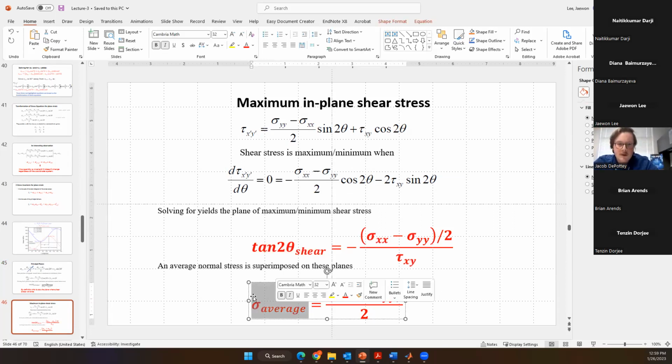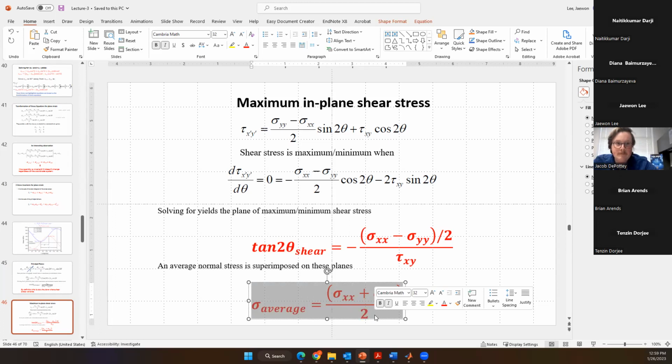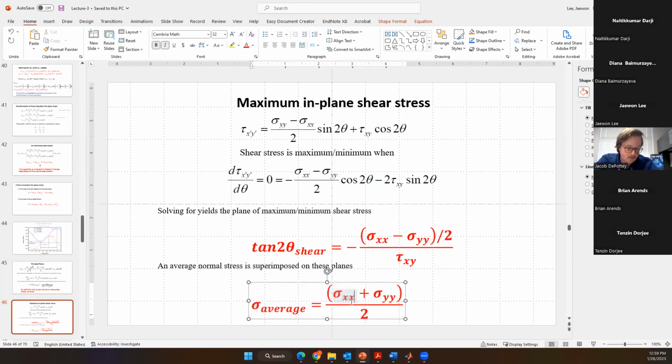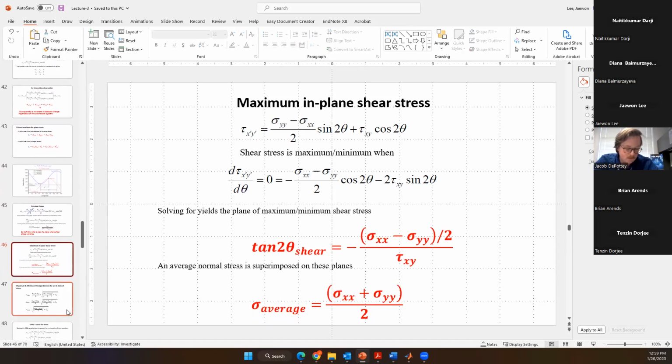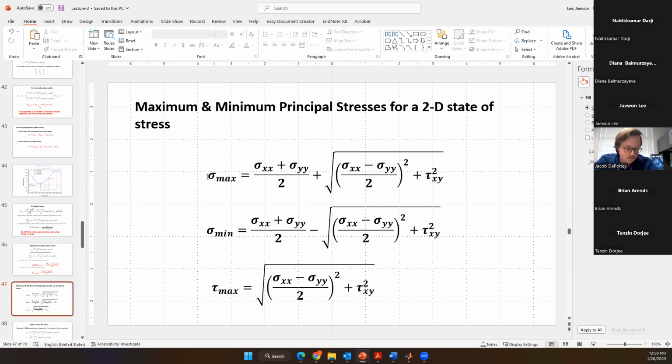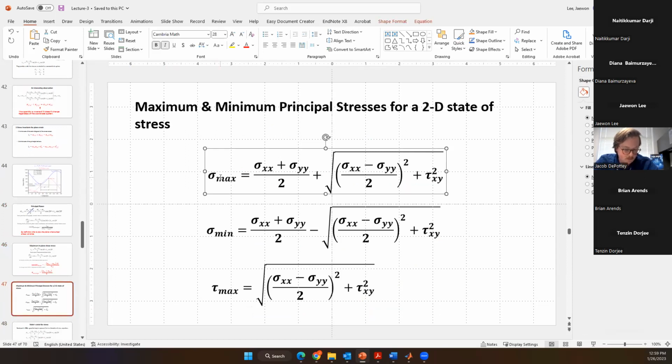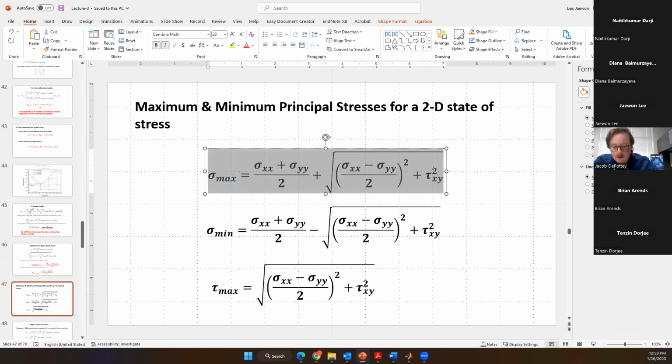One more thing is the average normal stress, which is calculated by just the mean calculation. And the shear stress in the case of the normal stress is calculated by this one, and this mean is the average normal stress.